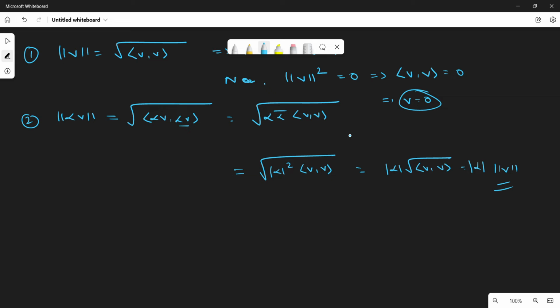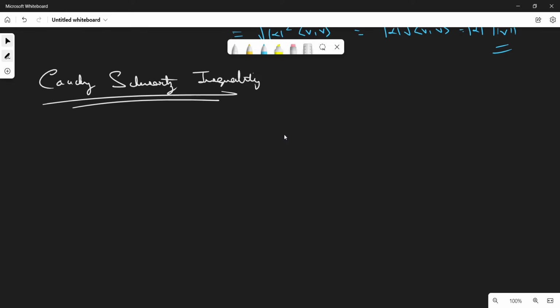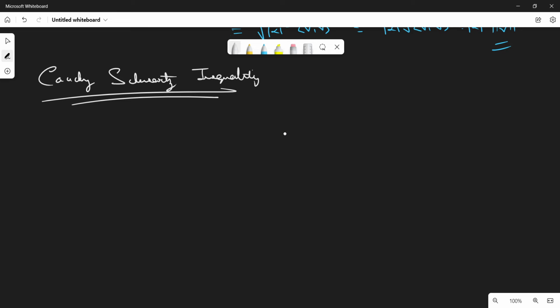So let us see the Cauchy-Schwarz inequality. We can understand it pretty simply. The Cauchy-Schwarz inequality is something of this sort.